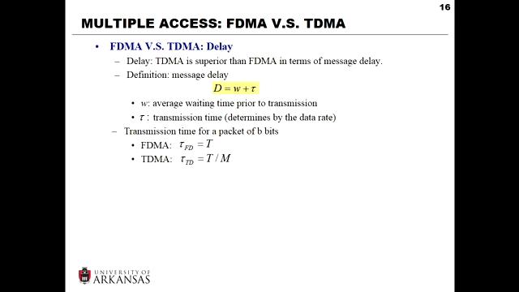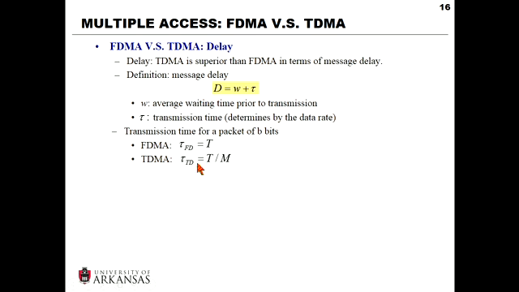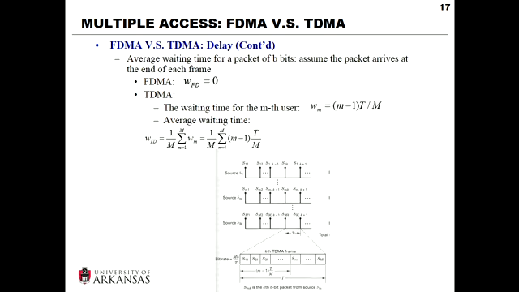So the transmission time for a packet of B bits in FDMA is simply T. It takes this entire T seconds to transmit one packet. For TDMA, the transmission time is T over M. So TDMA, first of all, has a shorter transmission time. Next, let's look at the waiting time. The waiting time is more interesting.